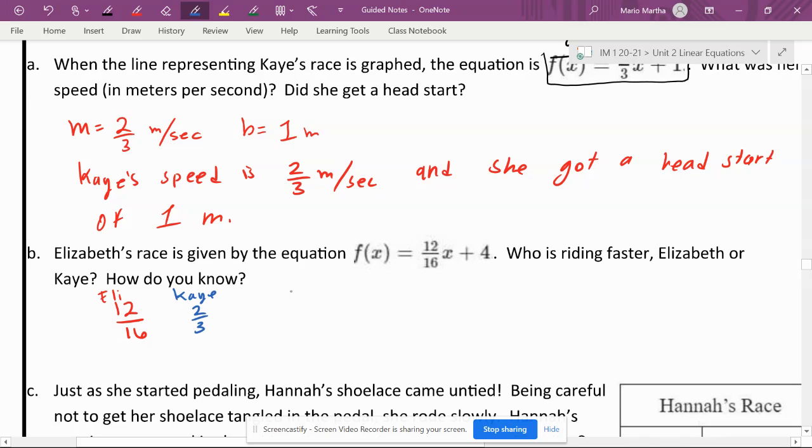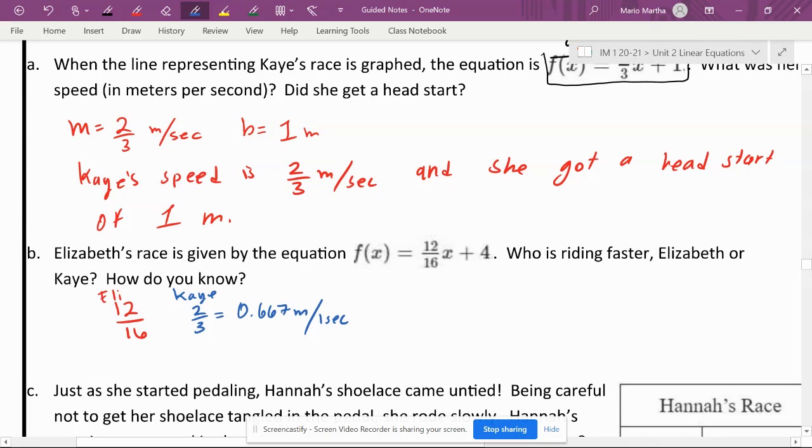So we're trying to see which of these two speeds is greater, all right? So pretty much Kay's speed, if you change that to a decimal, you can always use a calculator, punch it in. You're going to notice that they're going at 0.667 meters per 1 second.